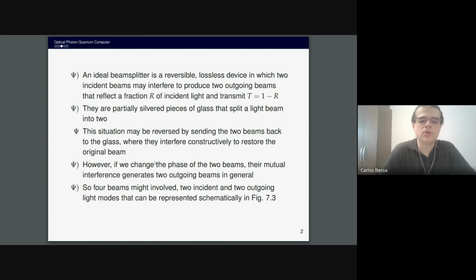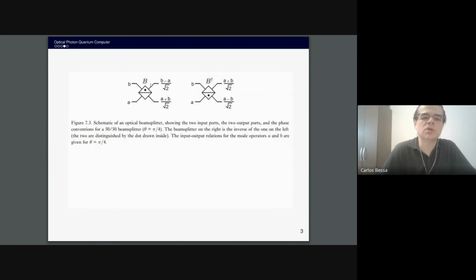However, if we change the phase of the two beams, the mutual interference generates two outgoing beams in general. So four beams might be involved in a simple beam splitter experiment: two incident and two outgoing light modes, which can be represented in figure 7.3 in the Nielsen and Chuang book.